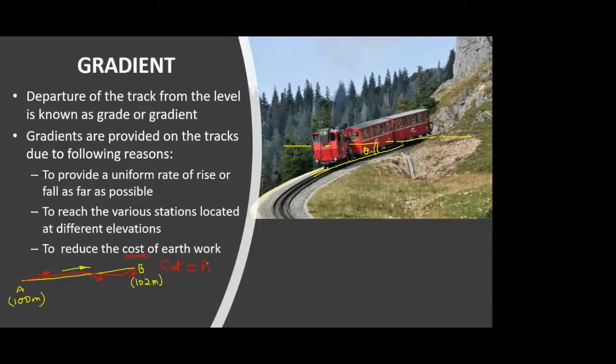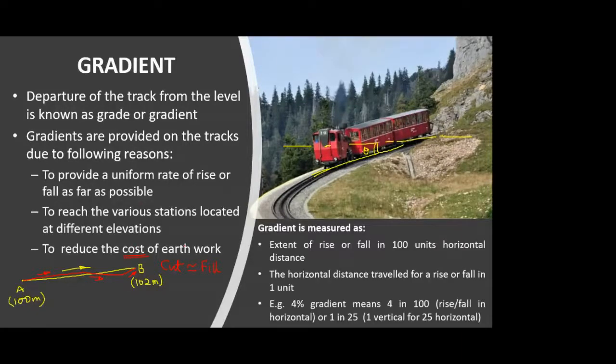This is one of the thumb rules that is followed. It's not always necessary that it's exactly equal, but if it is almost equal, then your cost is reduced, or in other words, optimized. So these are the reasons for providing the gradient.